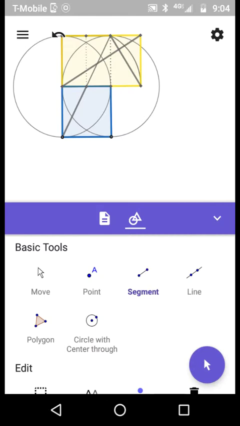And then its height in this orientation is 1. Its height is the same as the base of the square. It's the same as the unit that we made the square from. So that's how you get to phi, 1.618, and so on, because it's also an irrational number, like pi, like the square root of 5.